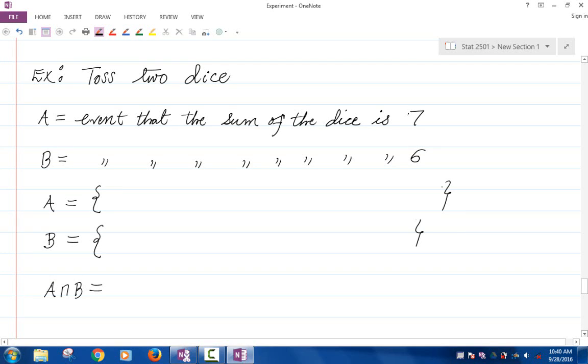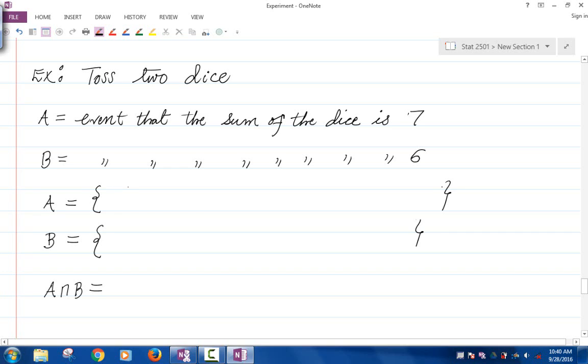Are we saying that 1, 6 is different from 6, 1? Yes. 1, 6, 6, 1. So for A, you can look at the table if you want. You're going to get basically outcomes on a diagonal.